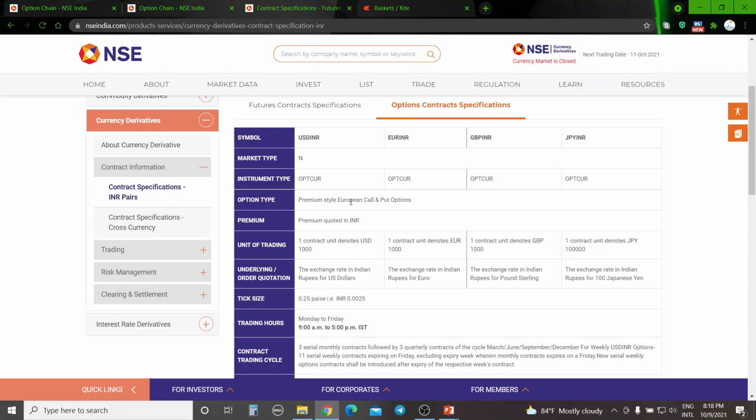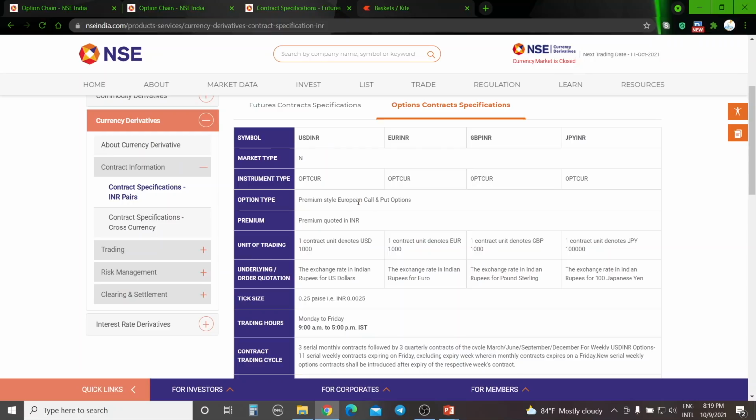So European style options means, you know what a European style option and an American style option are. The American style option can be exercised any time before the expiry. The European style options can be exercised only at expiry. That is the major difference.